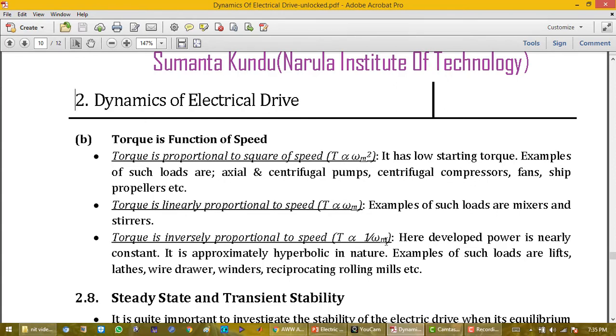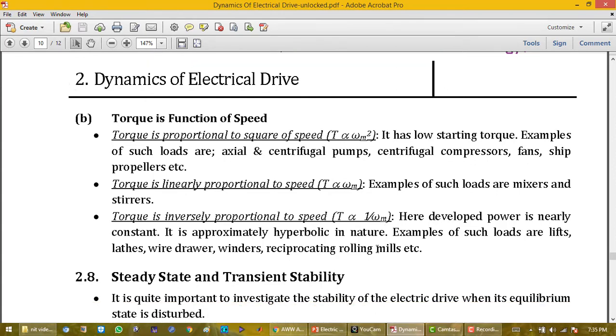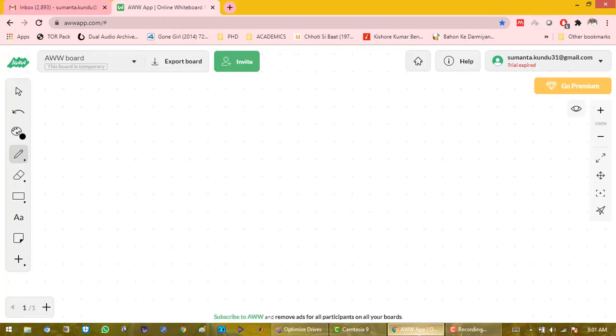Now we are going to discuss steady state and transient stability. Now, when does transient stability occur?